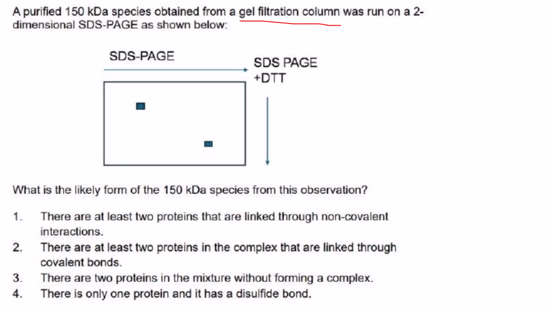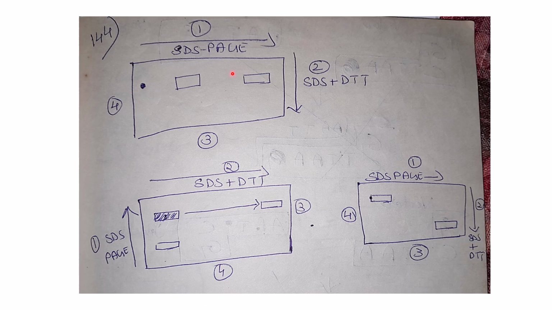Now come to the explanation. Before explaining this, I will tell you that first dimension, the SDS page, will break down the weak interaction between the protein, not covalent interactions. Only weak non-covalent interactions will be broken down.